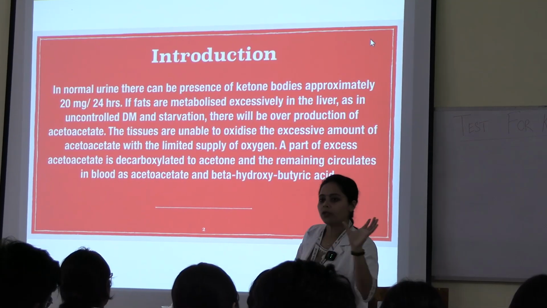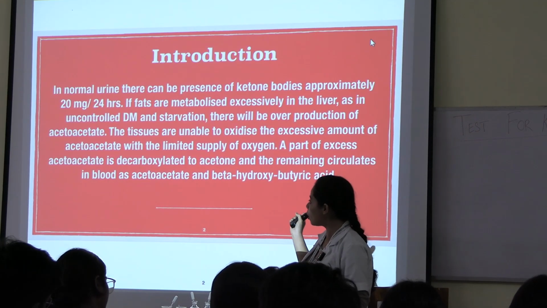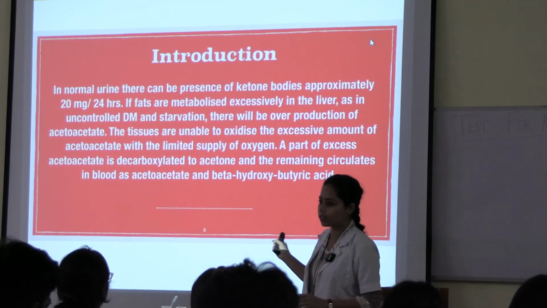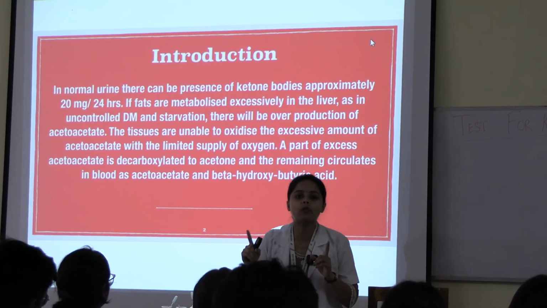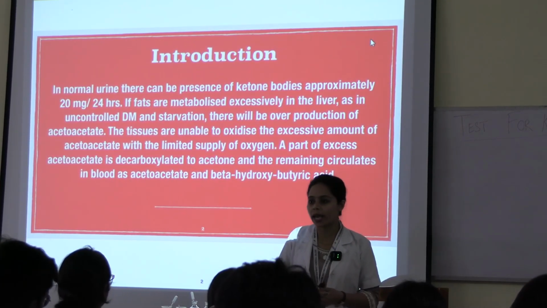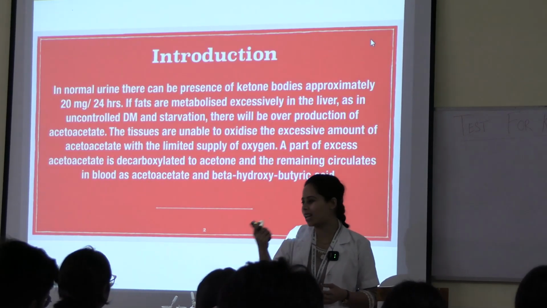A portion will be decarboxylated and the remaining portion comes out in your blood as acetoacetate or beta hydroxybutyric acid. Did you get the logic of how ketone bodies appear? This is why ketone bodies are more in starvation and diabetes mellitus.